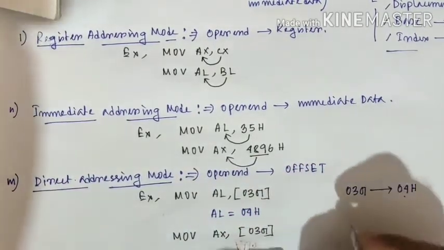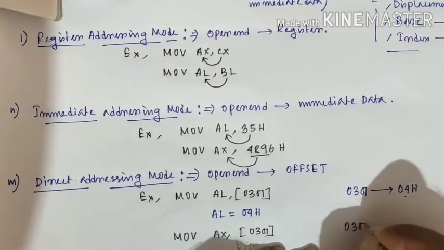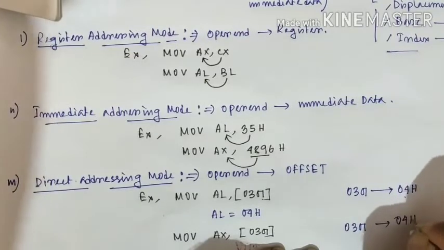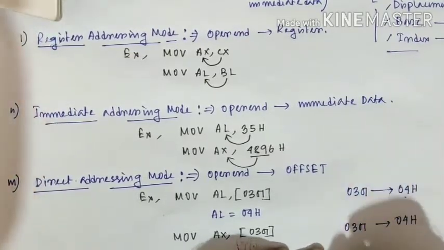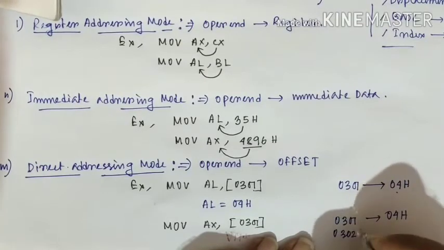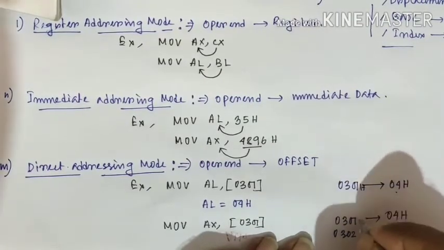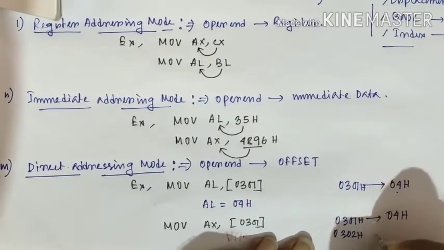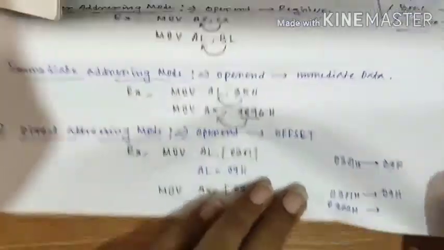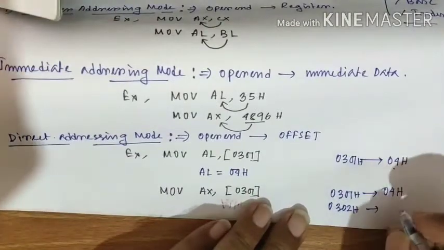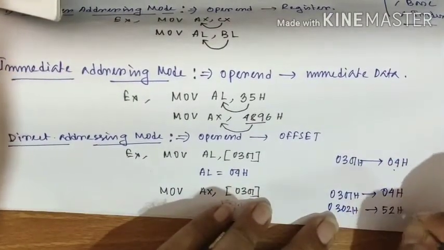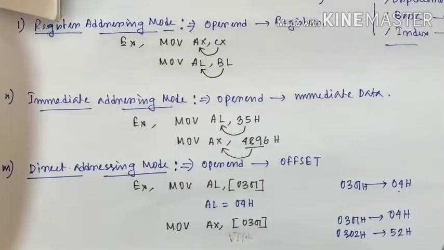So once again, 0301, assume that it contains the same value 04 hex, and the next location, that is 0302, all are hexadecimal values, contains another 8-bit data, suppose 52 hex.